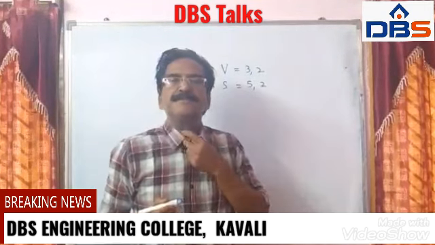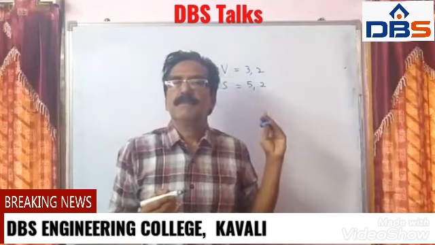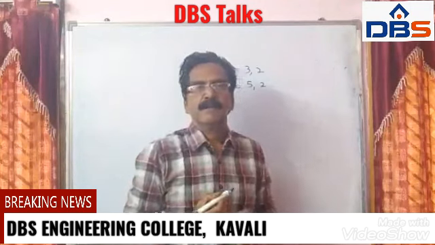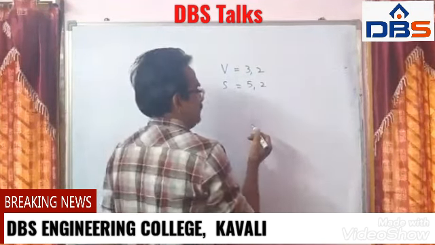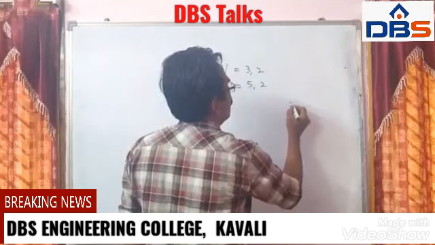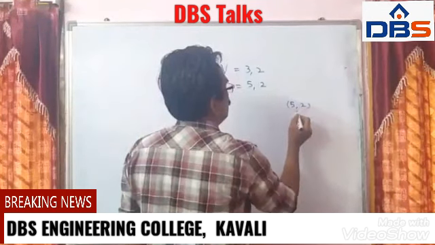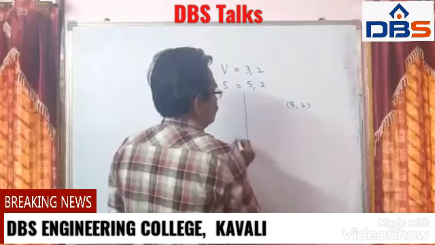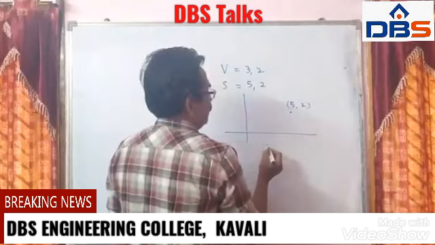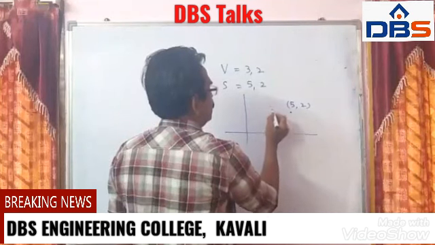See friends, vertex is given and focus is given, and the distance between these 2 points. Focus is 5, 2 and vertex is 3, 2.